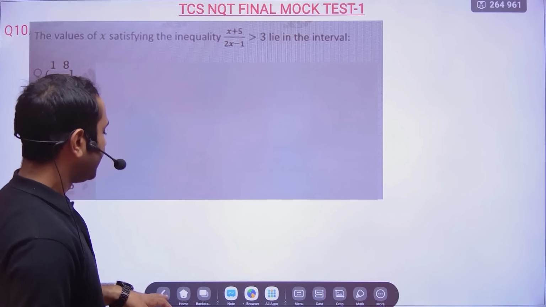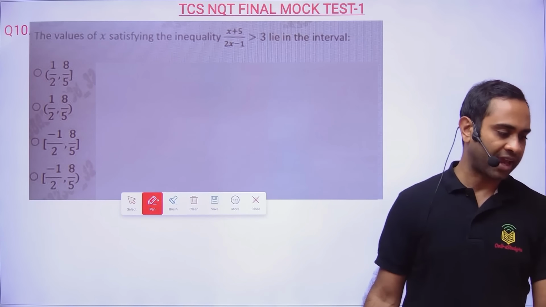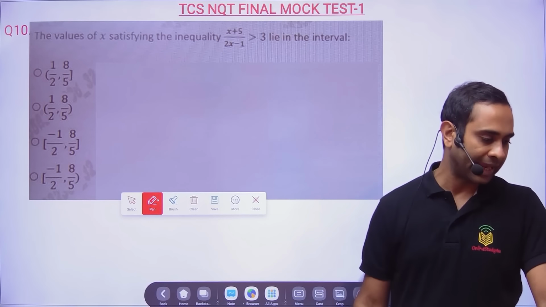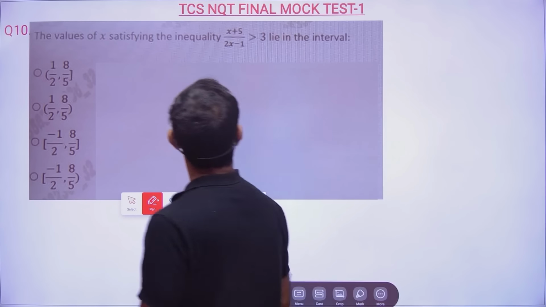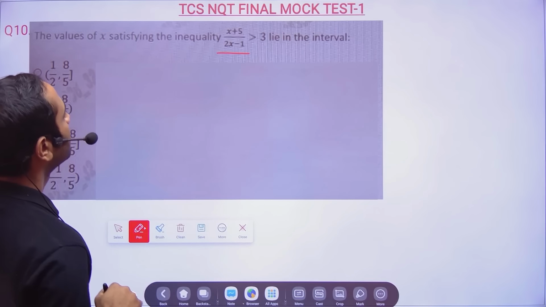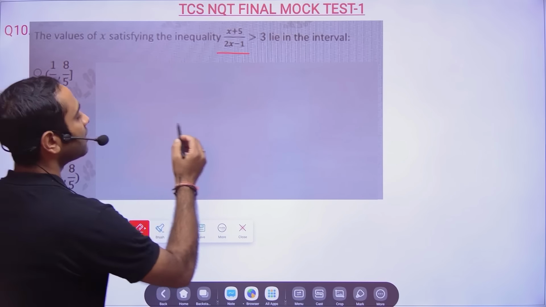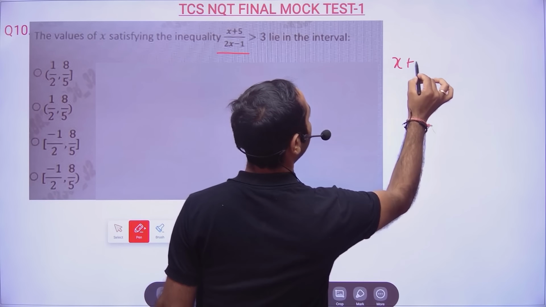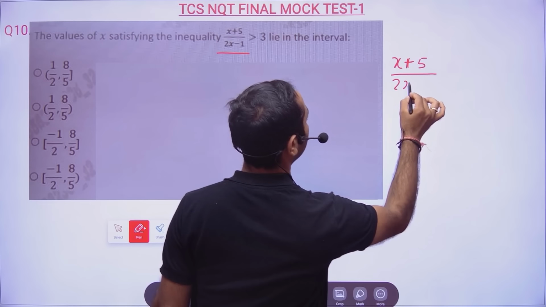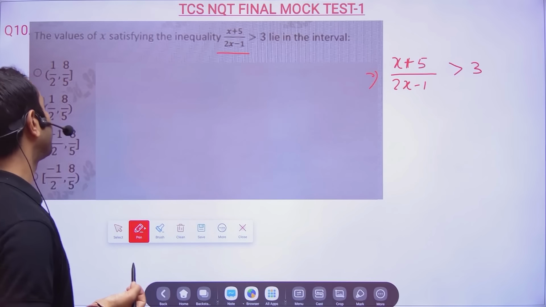Cool. Now next question. The value of x satisfying the inequality (x plus 5)/(2x minus 1) is greater than 3 lies in the interval, correct? Now friends, if you do not know how to solve this in the exam, the best thing I will tell you is to go for the options and find it out.